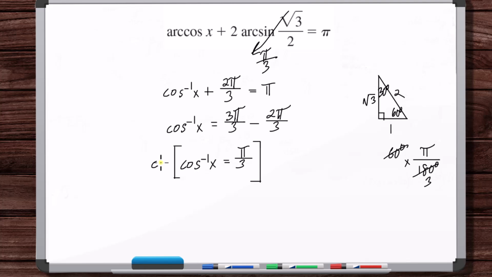Now we can take the cosine of both sides. Okay, so now cosine of 60 is 1/2. So you see the advantage of when you're given an inverse trig function of an actual value, you can go ahead and evaluate it, turn it into a number.